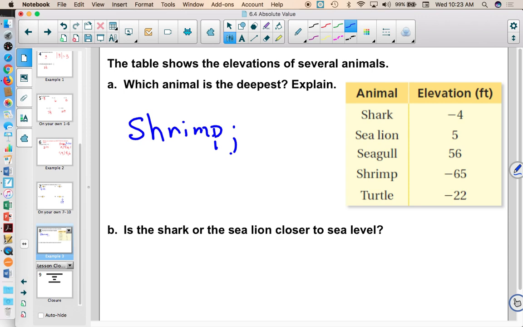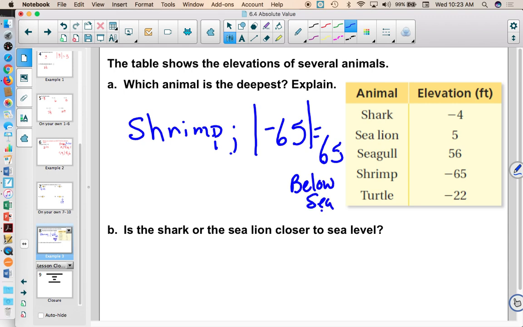What are we studying today? Absolute value. So the absolute value of negative 65 is what? 65. It is 65 feet below sea level. That's how you know it's the deepest.